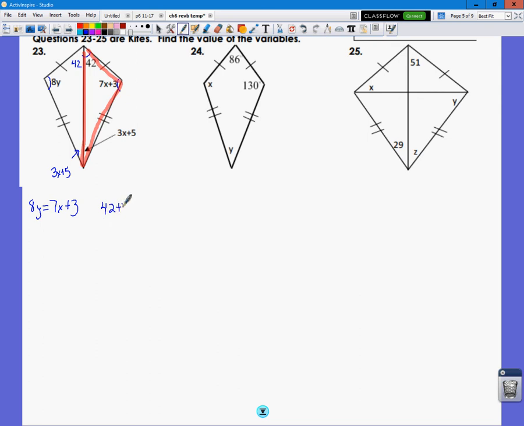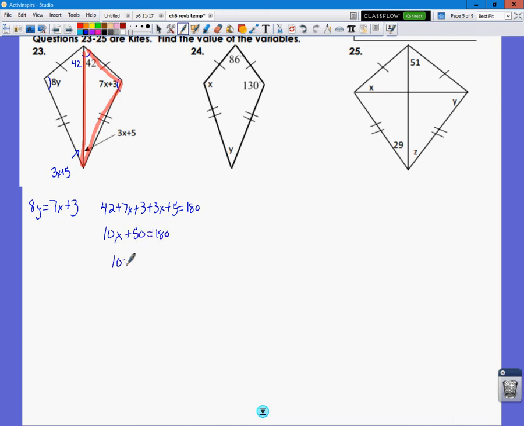42 plus 7x plus 3 plus 3x plus 5 equals 180. Combining my like terms, I get 10x plus 50 equals 180.